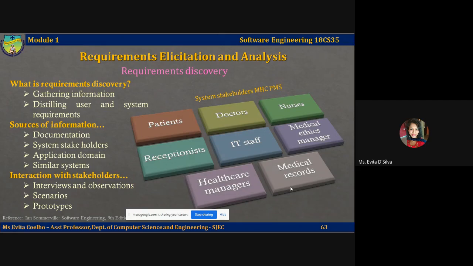However, the perspectives are not completely different or independent, but usually there is a lot of overlap between them. They have common requirements. So in this lecture video, we spoke about the phase of requirements discovery generally, who the system stakeholders are, and how you can elicit requirements from these stakeholders.